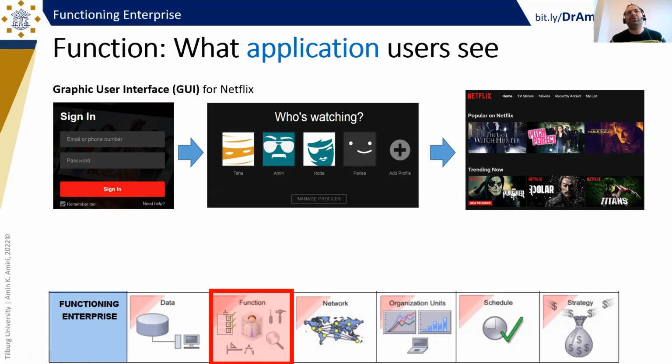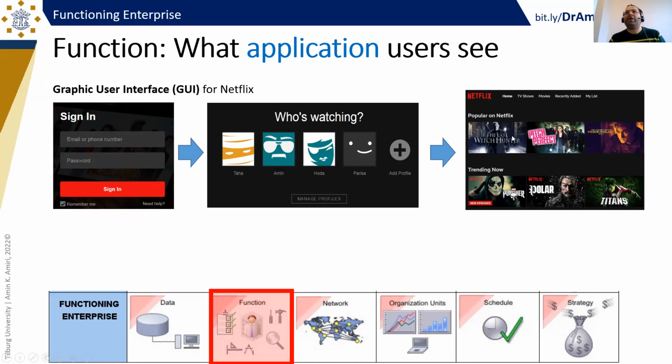The polling that I used shows that the survey the students filled out shows that most of you know Netflix. That's why I'm using Netflix here. Netflix is an application. It has a graphical user interface. You sign in, then you choose a profile. For example, this is me, Amin.